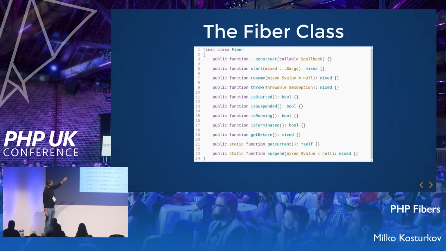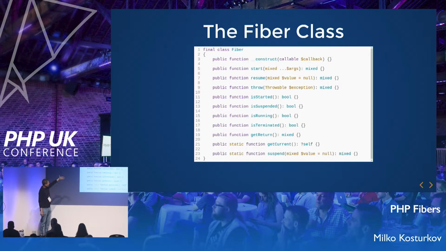And when starting, it will pass the arguments that have been passed to the callable. It has a resume method, and this will resume executing the fiber in case the fiber was suspended. It has a throw method, which we can use in order to throw an exception from within the executed code.